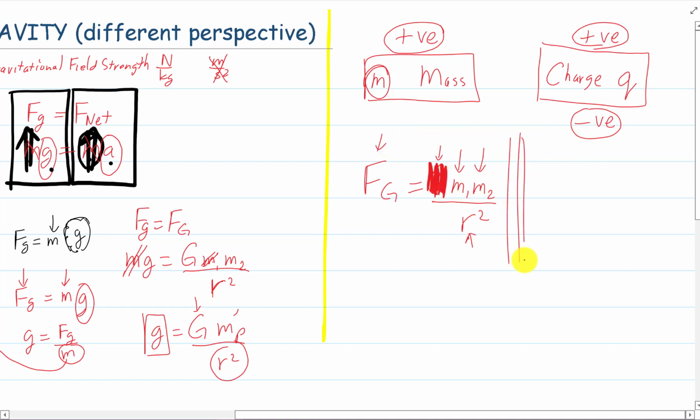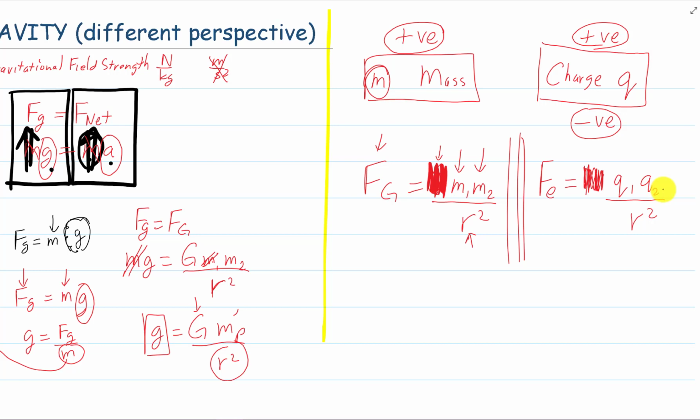Electrostatics is this one. There's a constant here, just like that one, but it's charge 1, charge 2, all over how far apart they are, squared. Hugely analogous. It looks identical.